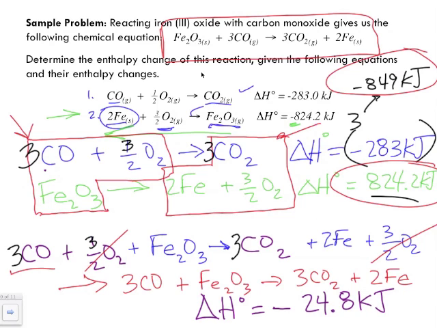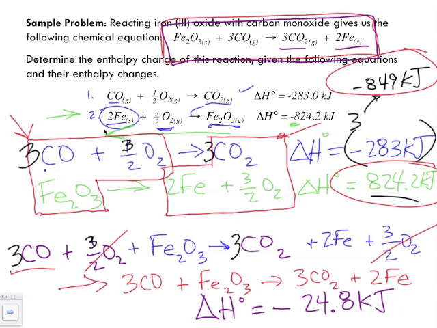So in actuality, this target equation is an exothermic reaction. When iron 3 oxide reacts with carbon monoxide, it gives off this amount of heat when it forms these 2 products.